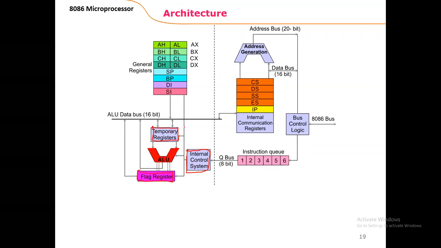So this is one block, this is the V, then another block, and this is the last block. So this is the 4th block. All are clear?